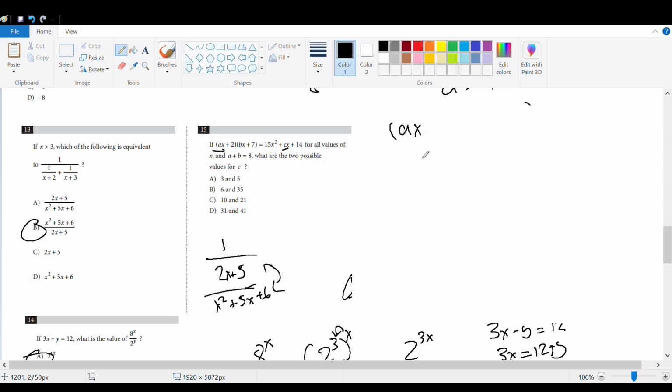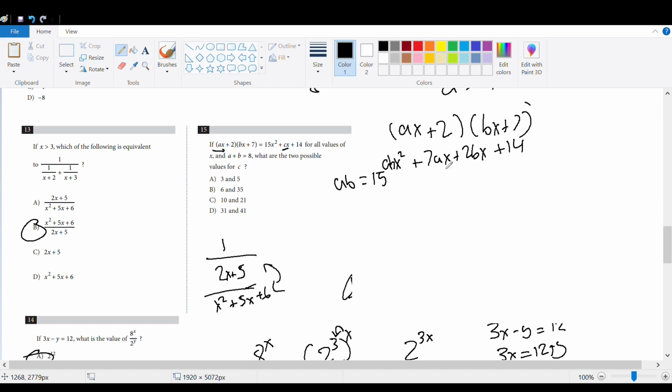So ax plus 2 times bx plus 7, that's just abx squared plus 7ax plus 2bx plus 14. So here this abx squared is corresponding to 15x squared, so a times b is equal to 15.